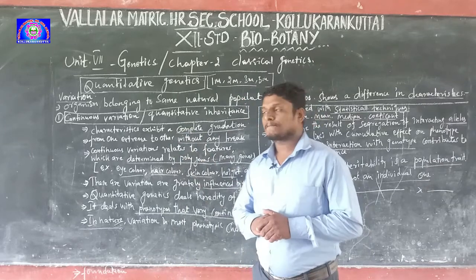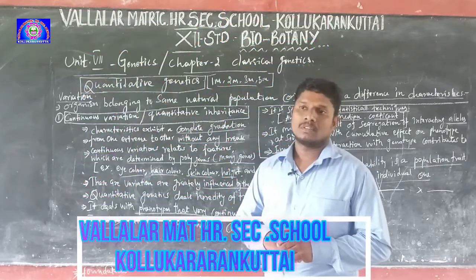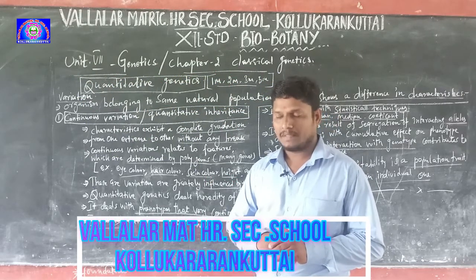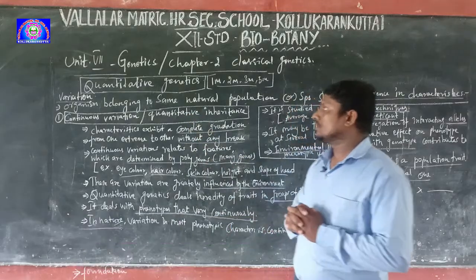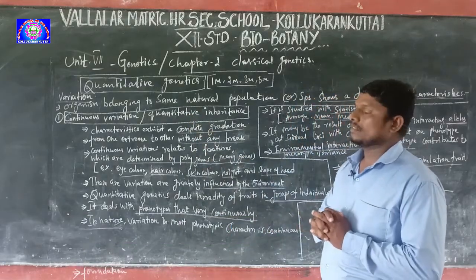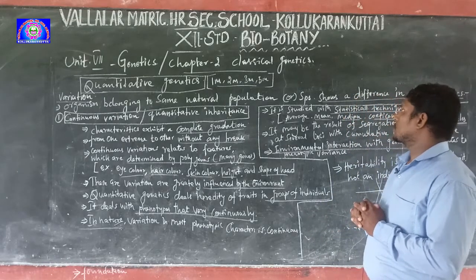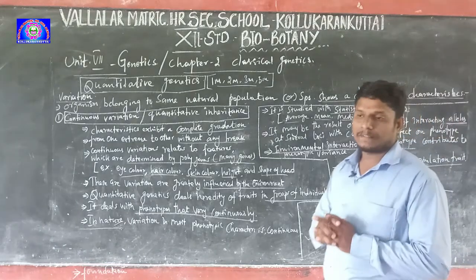Quantitative genetics. First, you should know what variation is. Organisms belonging to the same natural population or the same natural species that show a difference in characteristics is called variation.